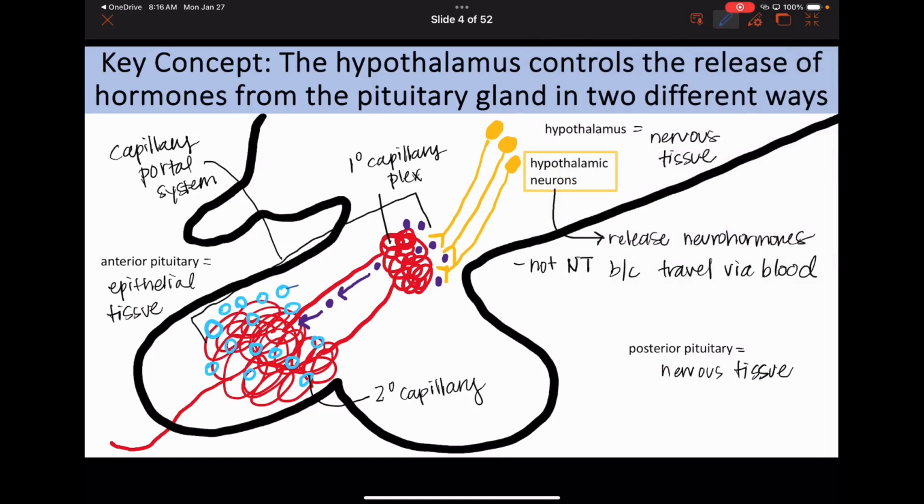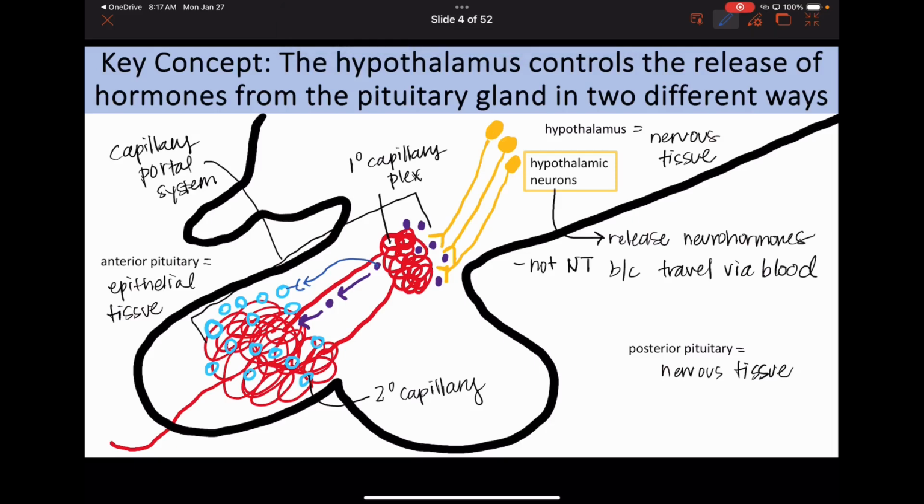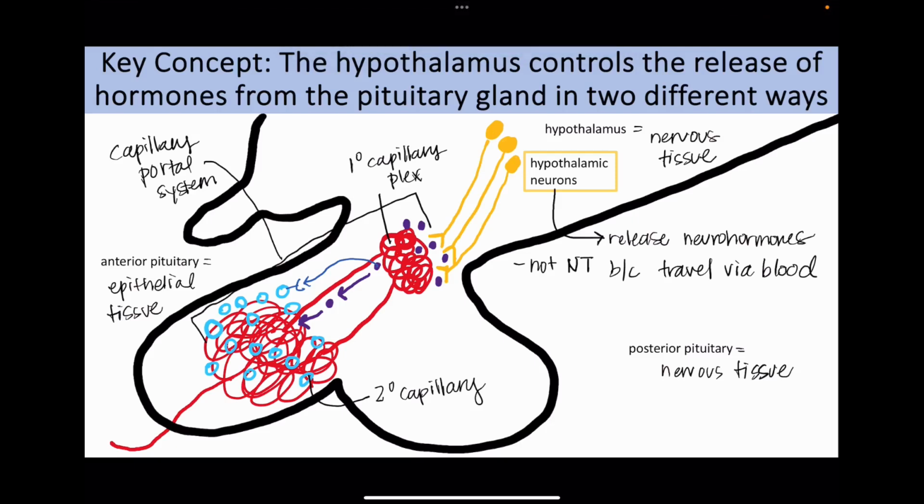They will have a receptor for that hormone. So again, neurohormones travel down this portal system. Those neurohormones are going to bind to receptors on epithelial cells in the anterior pituitary gland. And then once that hormone binds, it's going to trigger the release of the next hormone from the anterior pituitary gland. And then this right here, this little arrow, this is going to be the blood supply to the body.